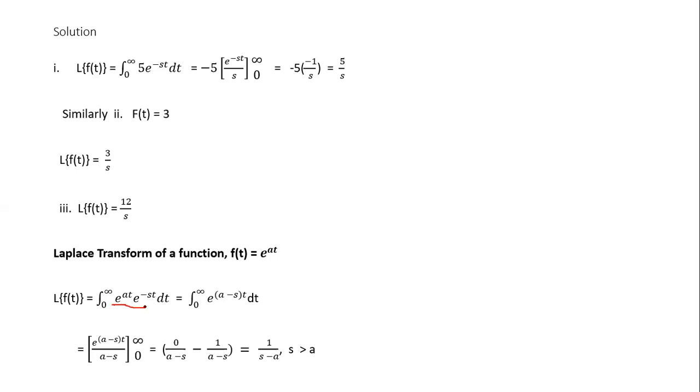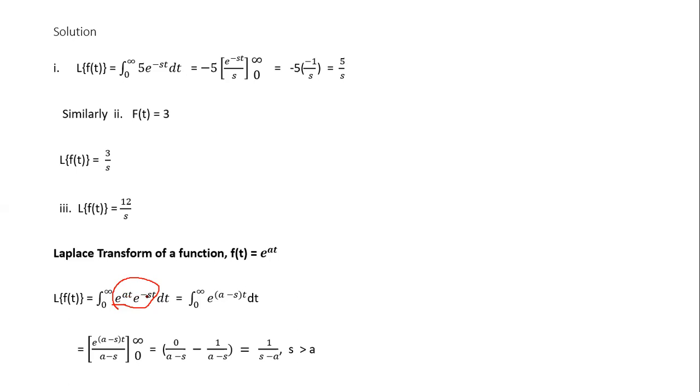But we can apply the indices law here. If you remember, we have a power m times a power n, where the bases are the same. Then it's the same as a power, now we add the exponents or the powers, so it becomes m plus n. So the same way we are going to apply it here. When we go here, our a now is e. So the power m now becomes our at.